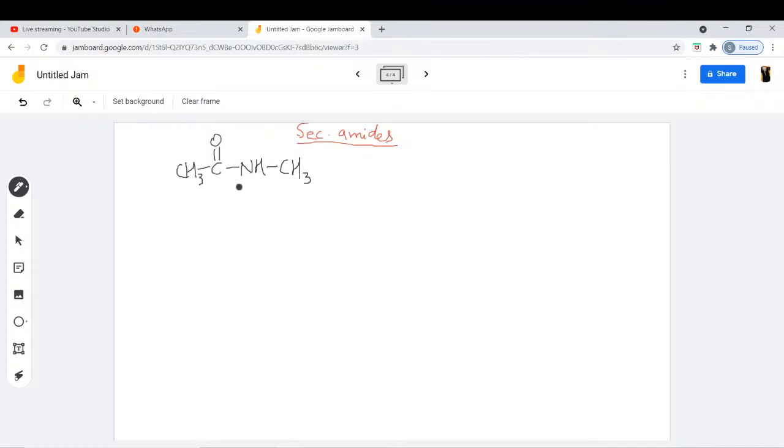So two carbons, it is acetamide. Up to this it is acetamide, but an extra methyl group is attached to this nitrogen. Because the methyl group is attached on this nitrogen, we call it N-methyl acetamide.